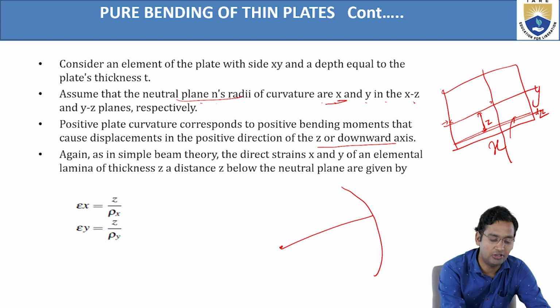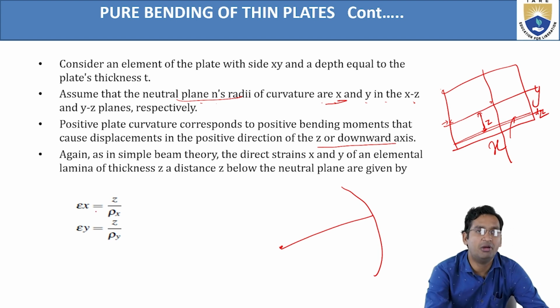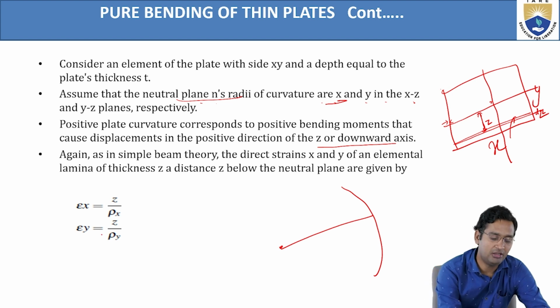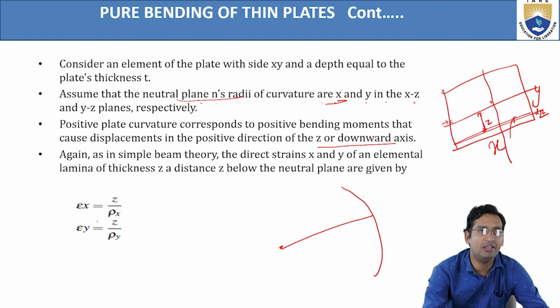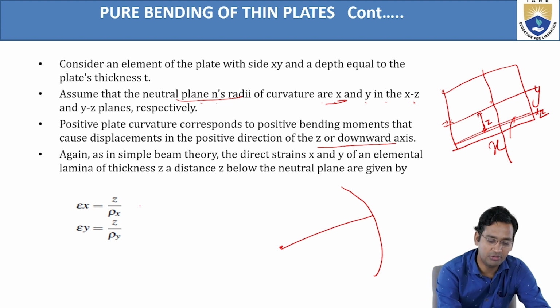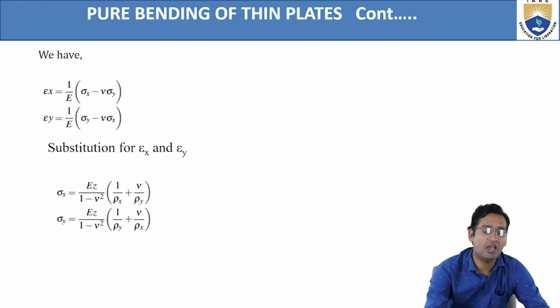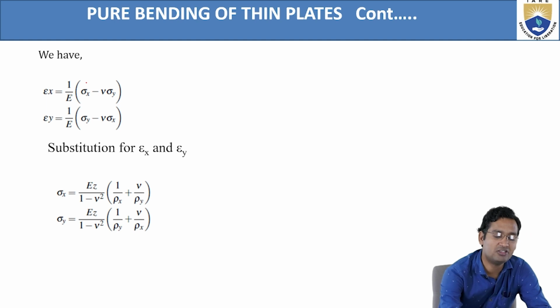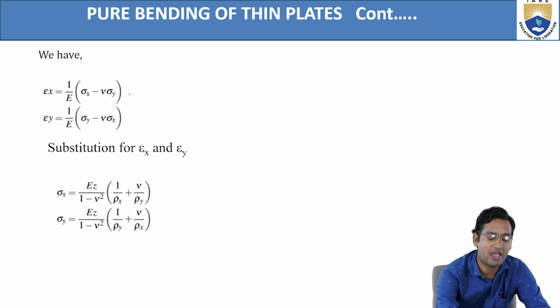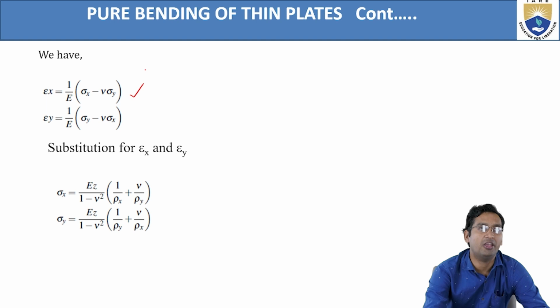Now, epsilon x will be z by rho x. Similarly, epsilon y will be z by rho y. From the beam theory that we have already seen, epsilon x equals 1 by E into sigma x minus mu sigma y.